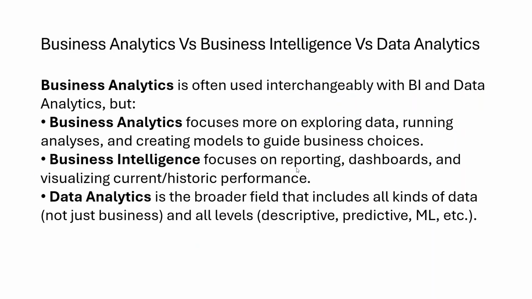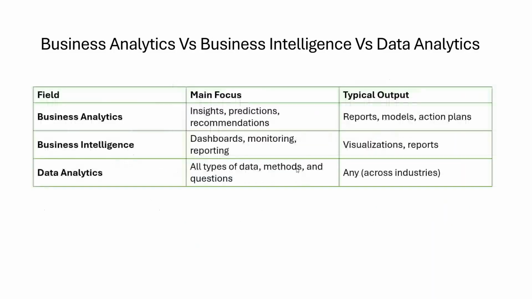That includes all kinds of data, not just business, but all levels of data. For example, predictive, ML, descriptive, and all. So yes, these words are a little confusing, but just get comfortable with them. If you want to understand it this way: business analytics, main focus is to build insight, prediction, recommendation.